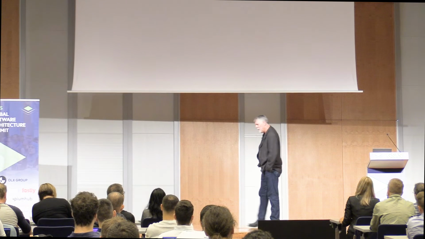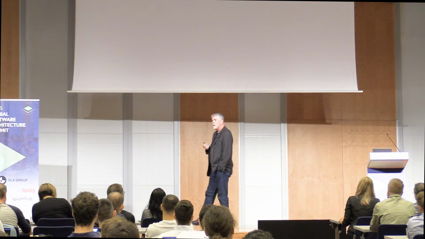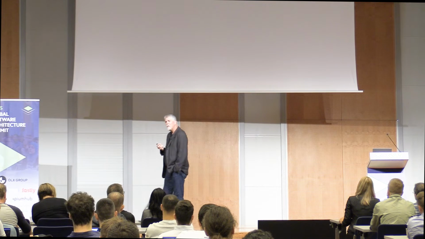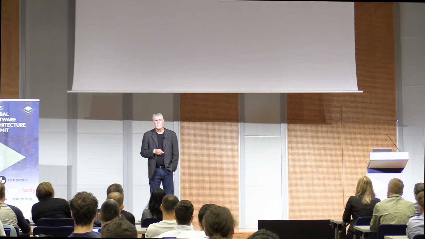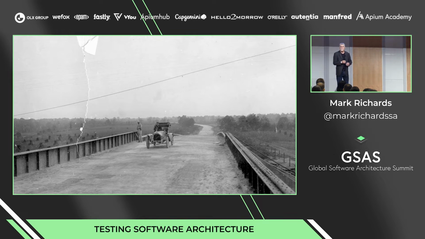So what does it mean to test software architecture? Why is testing software architecture so important? This is why. What you see in this picture is a bridge over some sort of river, and that bridge represents that structure, just like our architectures, and there's the cars going through it. The structural integrity of this bridge is fine for that amount of traffic, but what happens as time goes on?